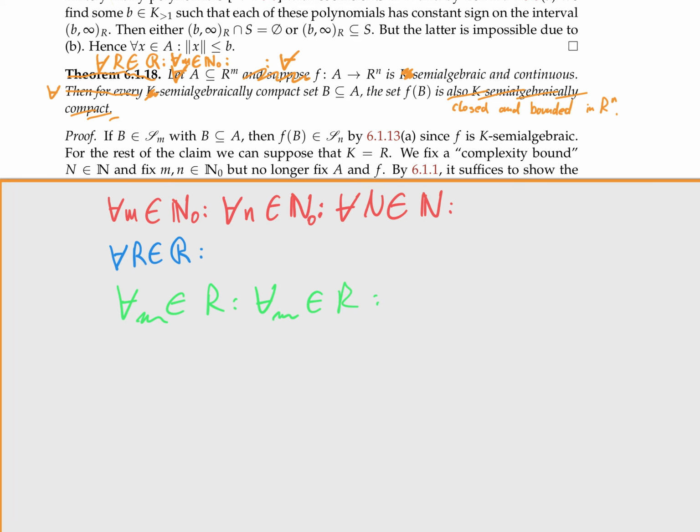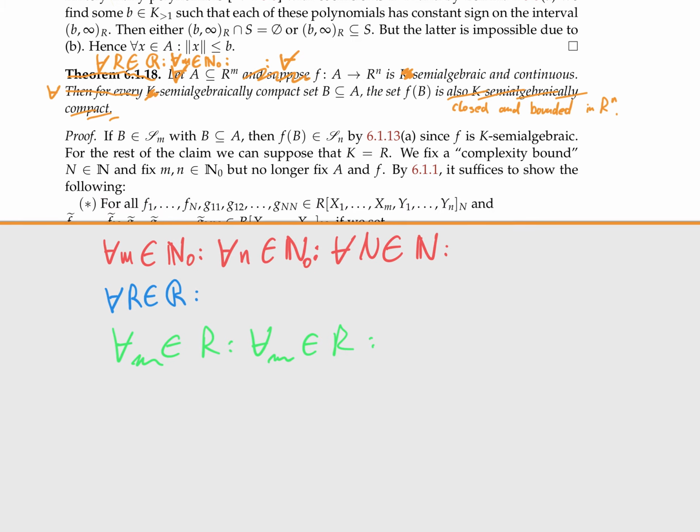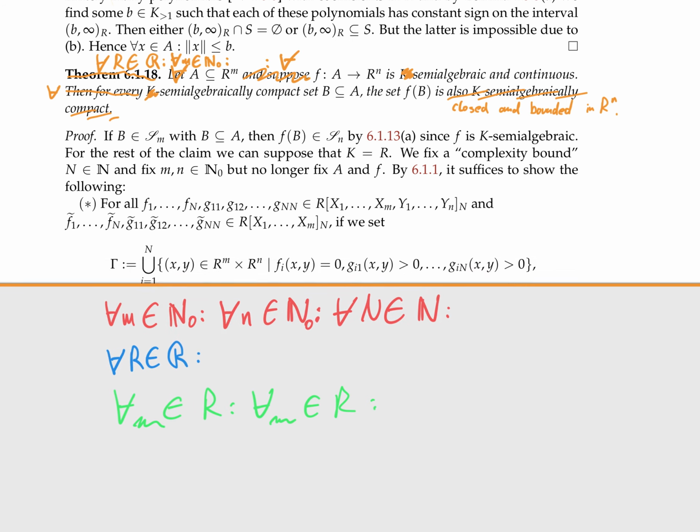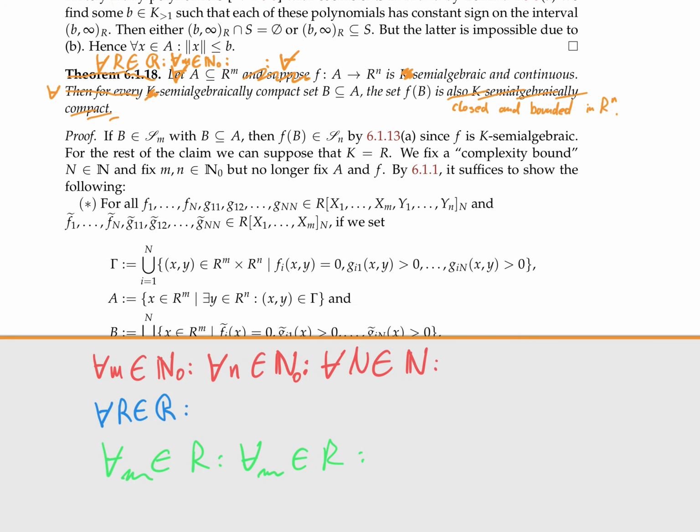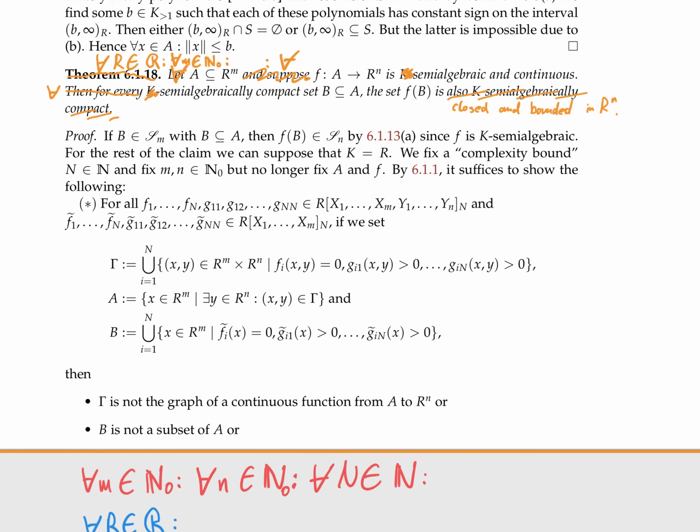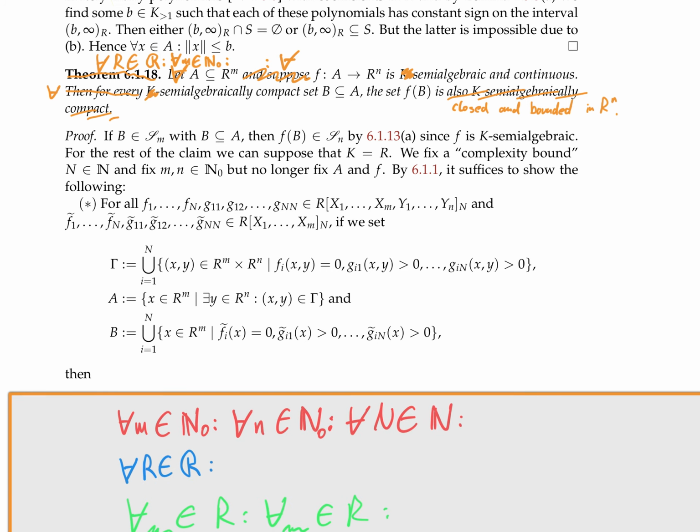So it suffices to show the following. And now maybe I uncover everything, right? Not everything, maybe. Okay. So for all polynomials f1 up to fn, g11, g12 up to g1n, etc., g21, g22, etc., up to gnn.